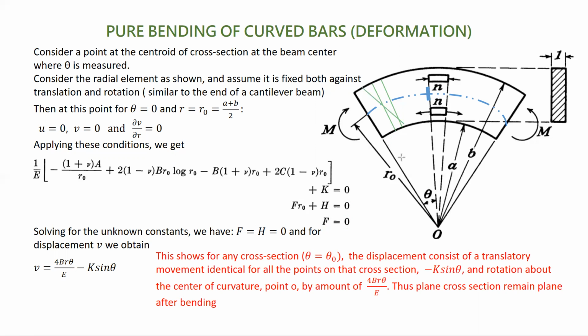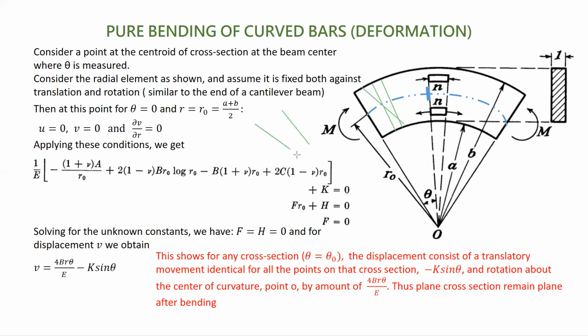When you add these two cases, this cross-section has moved to a new position, such as this one. That means the plane cross-section remains plane. That's all I am trying to say here.